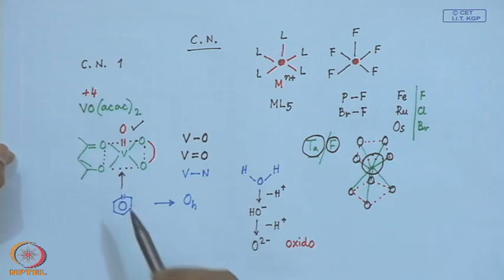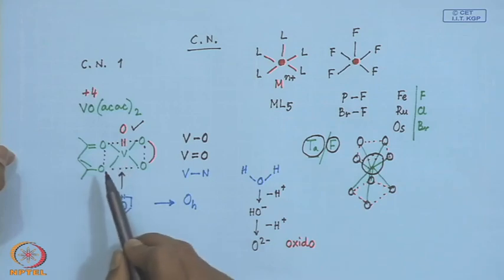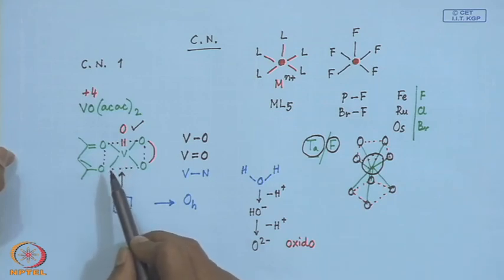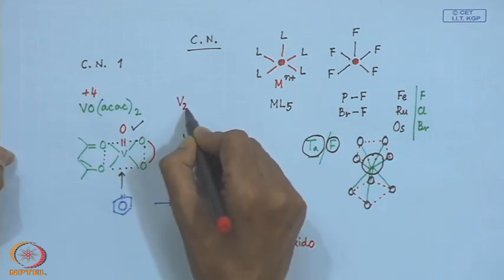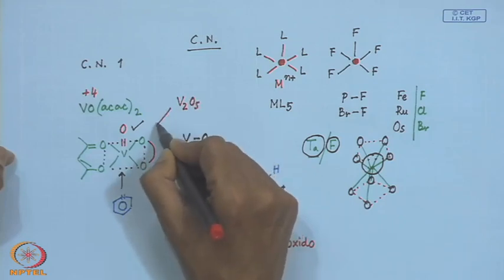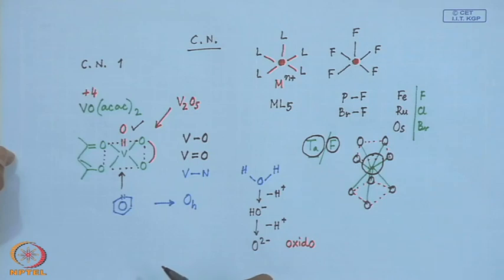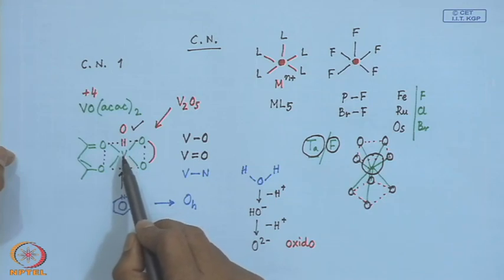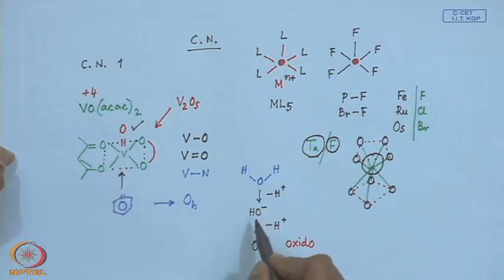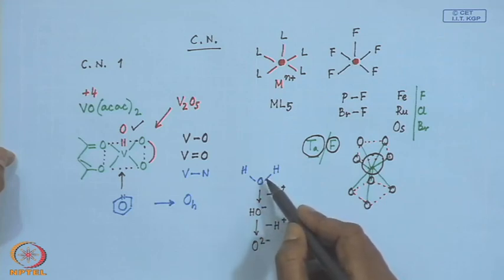So, what we will see is that this is the most stable species which can be synthesized. What we have seen in my previous class is how we can synthesize it from V2O5, vanadium pentoxide. Once it is formed, the most stable form is the vanadium oxo compound or the vanadyl acetylacetonate compound, but there is a chance that this vanadium double bond O can be converted, like the conversion of oxide group to the hydroxide group or to the water molecule.